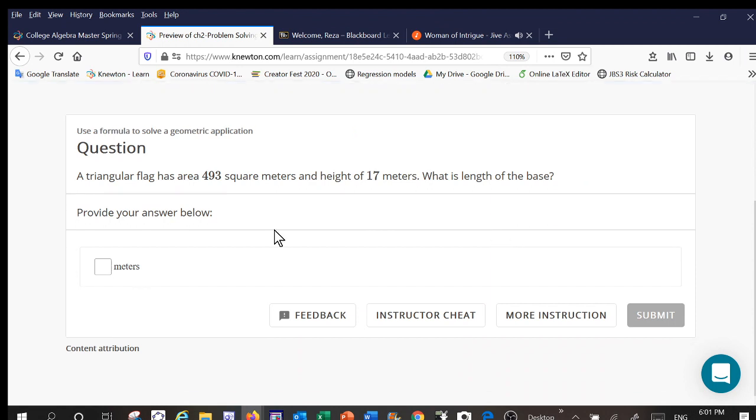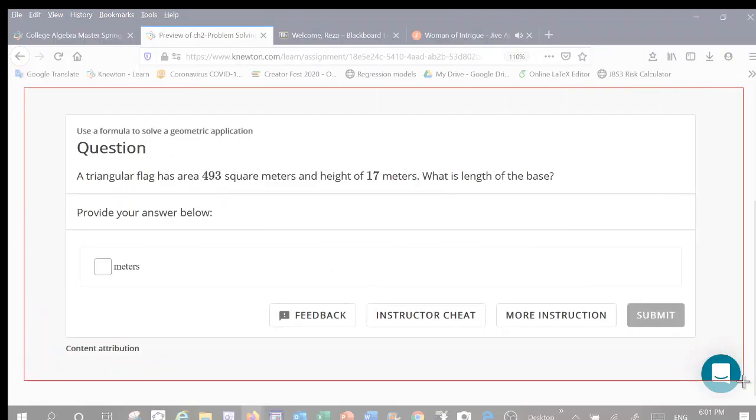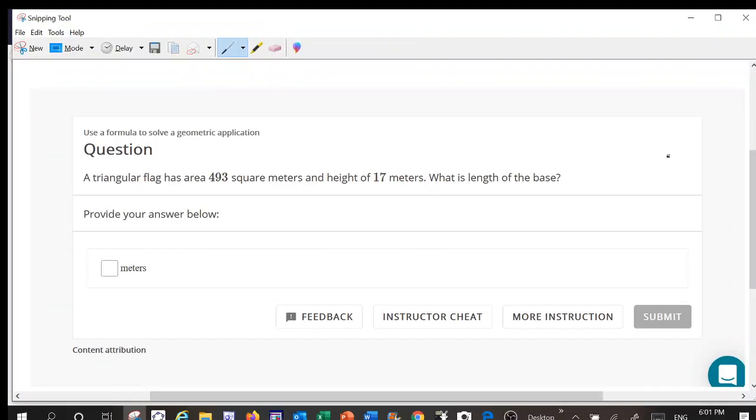All right, a triangular flag has an area of that, and the height is that. What is the length of the base? Okay, so we know, again, the formula for the area of a triangle.